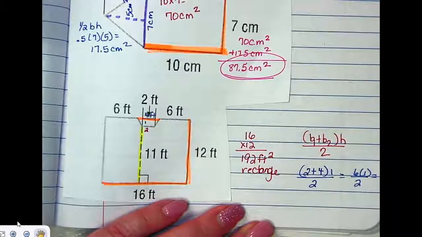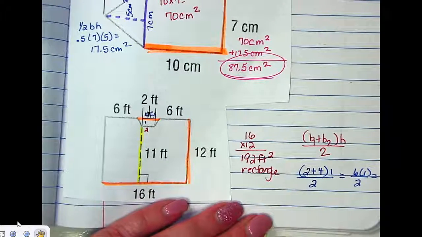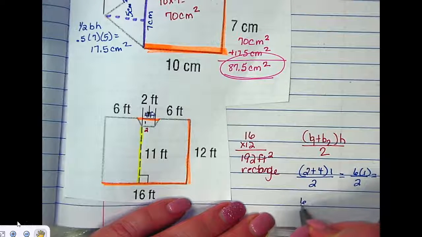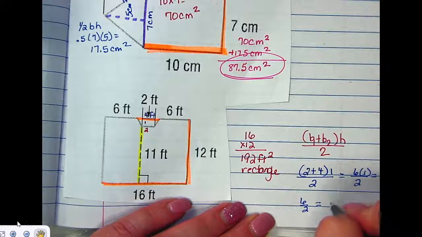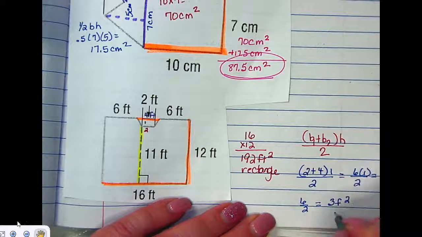And 6 times 1 is 6. So 6 divided by 2. And 6 divided by 2 is 3. 3 feet squared for the trapezoid.